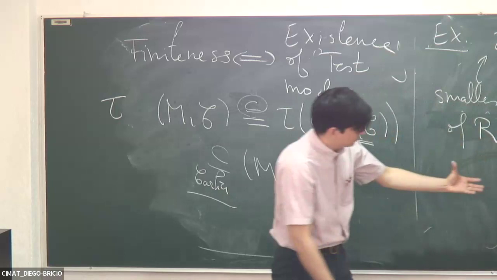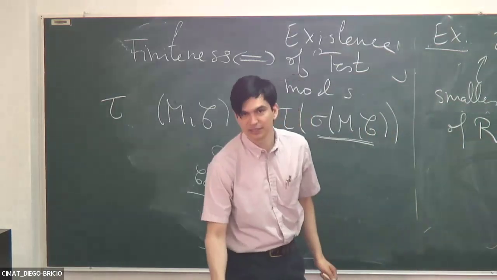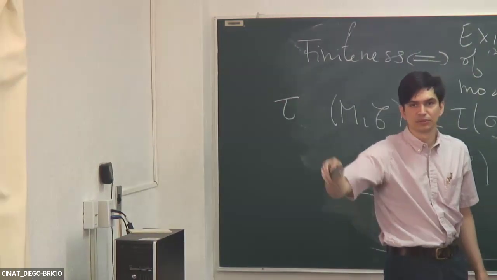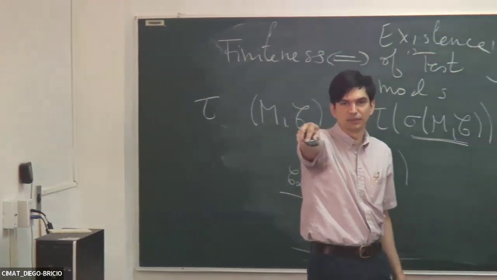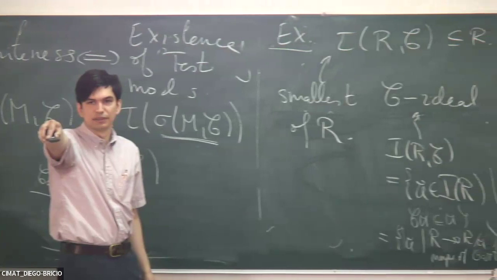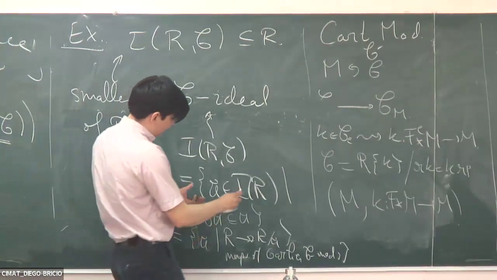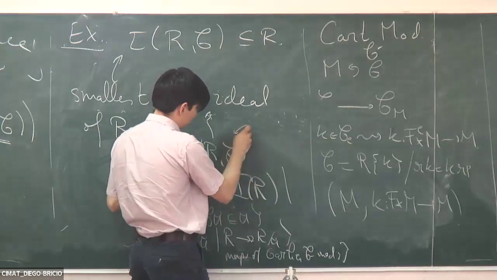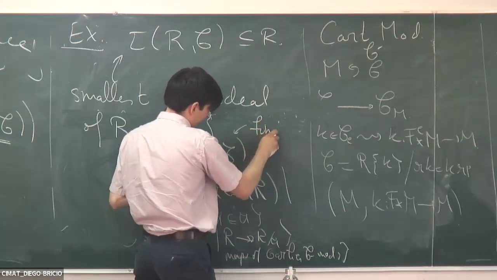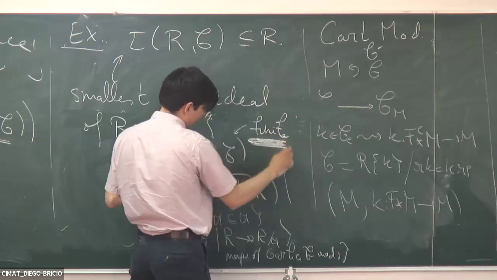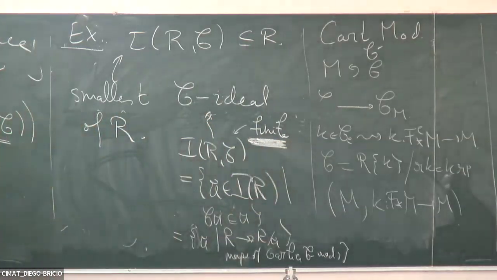And what was the main application we had before the break? That this set is finite. So this set, I just wrote it here, is finite. That was the main application, assuming test ideals exist, right?